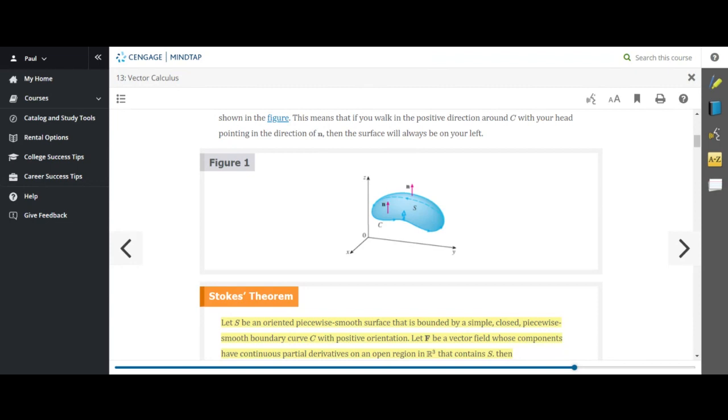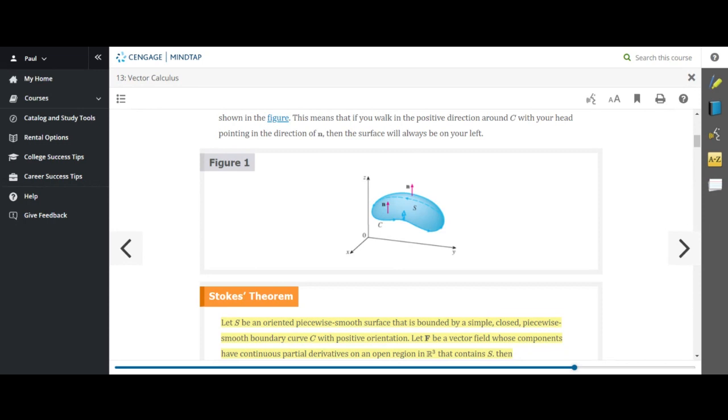And you see in figure 1, of course, we always have to talk about positive orientation. Positive orientation means the normal vectors go upward from the surface. And if you picture a person walking along that curve, the surface is always on his or her left.